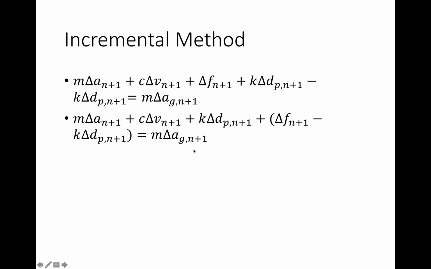However, this side is different. So we can consider the force here. Delta Fc is a corrector force, because this is a predicted force incremental. After we calculate the nonlinear force, we get the real incremental of the force. So the real force minus the predicted force equals the corrector force.